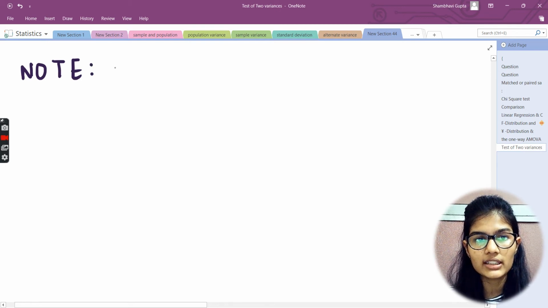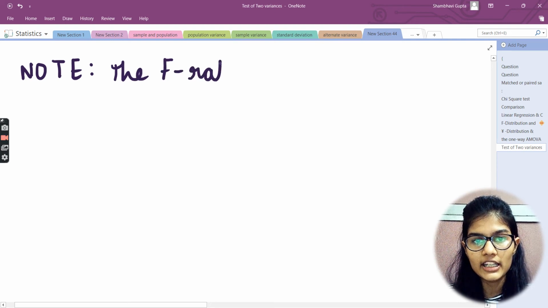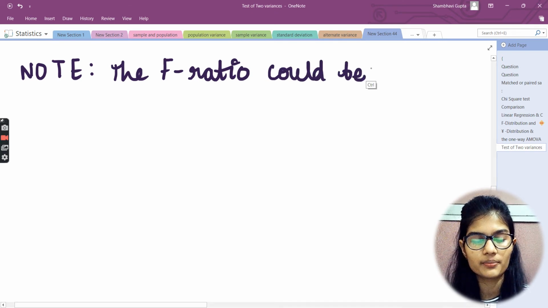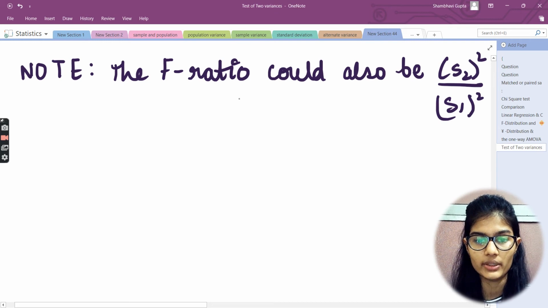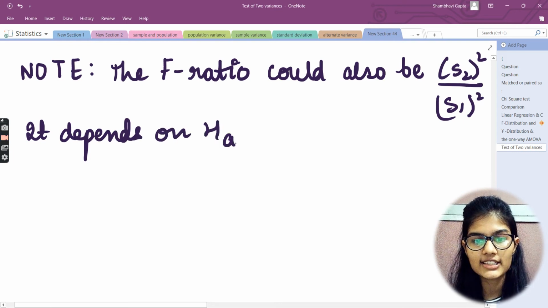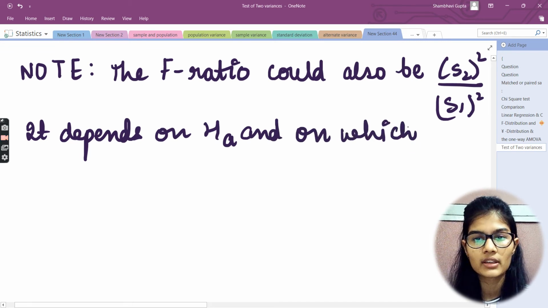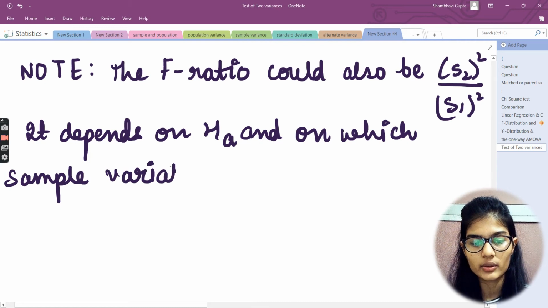Note: the F ratio could also be S2 squared divided by S1 squared.